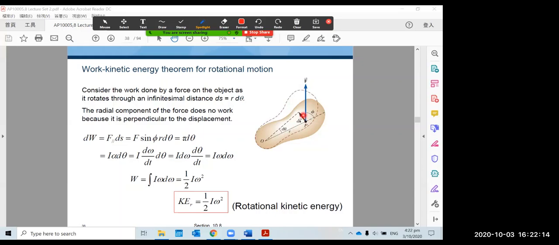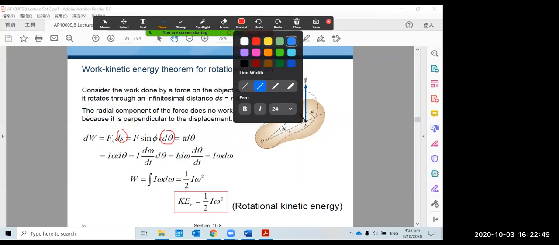If you cannot remember this definition, go back to the page of the torque, the definition of torque. So this force, parallel to the displacement ds, is F times sine phi. ds is r times d theta.